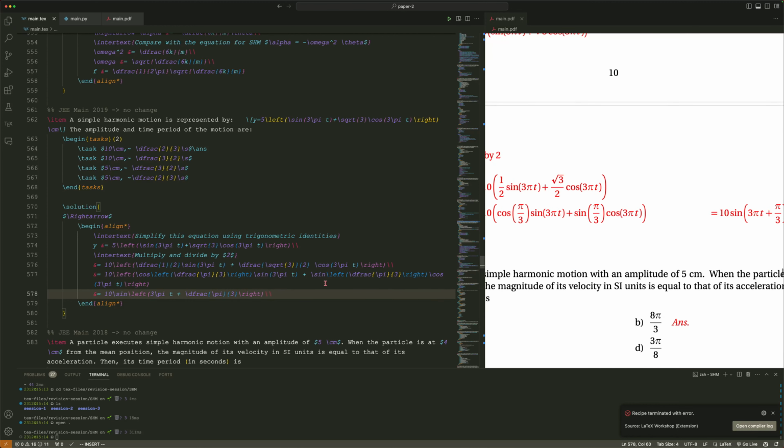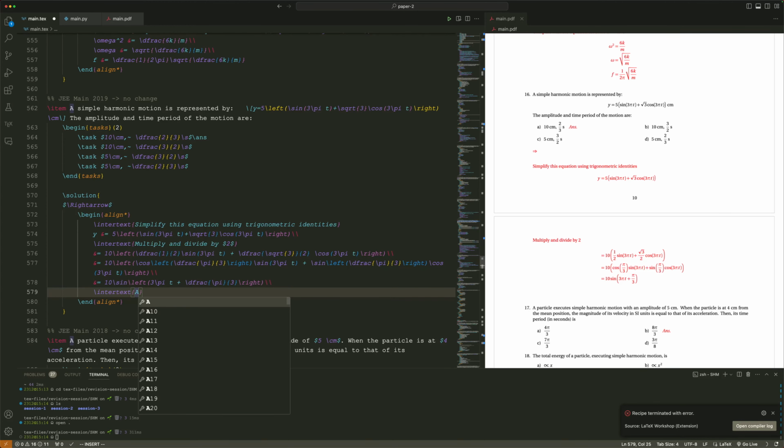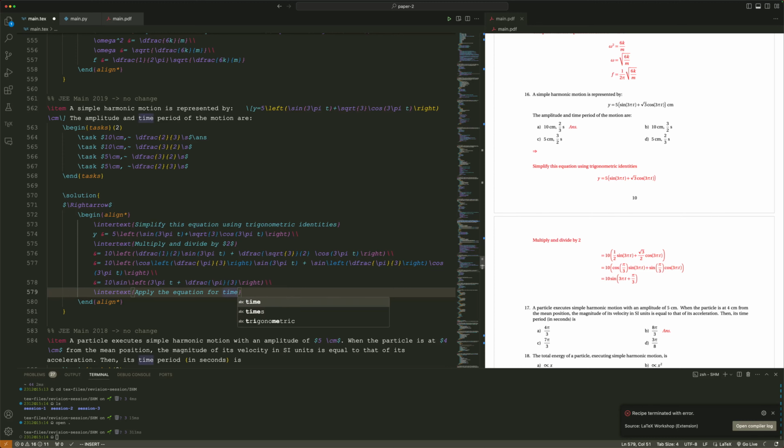And we should apply the equation for amplitude and time period. We can say compare, the amplitude is ten, and time period is 2 pi by omega.